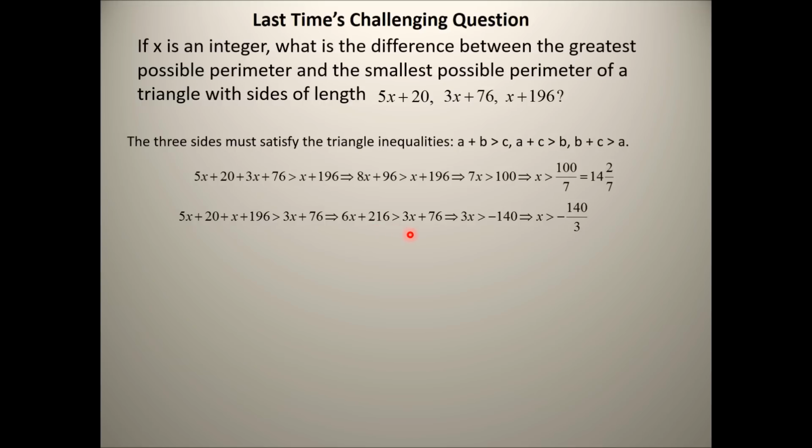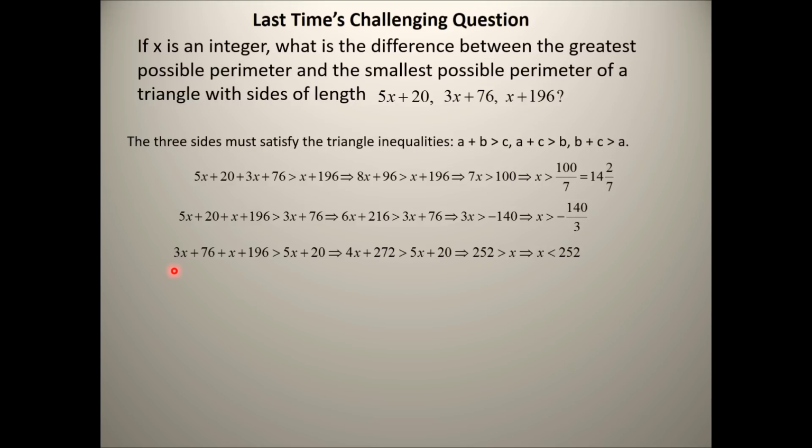And then you move the 3x over here and the 216 over here to get 3x is greater than negative 140. And then you divide by 3 on both sides to get x is greater than negative 140 over 3. Now, this value of x is already covered by the previous value of x, so we really don't need to concern ourselves with this. It might get us confused just having it there, so do not worry about it.